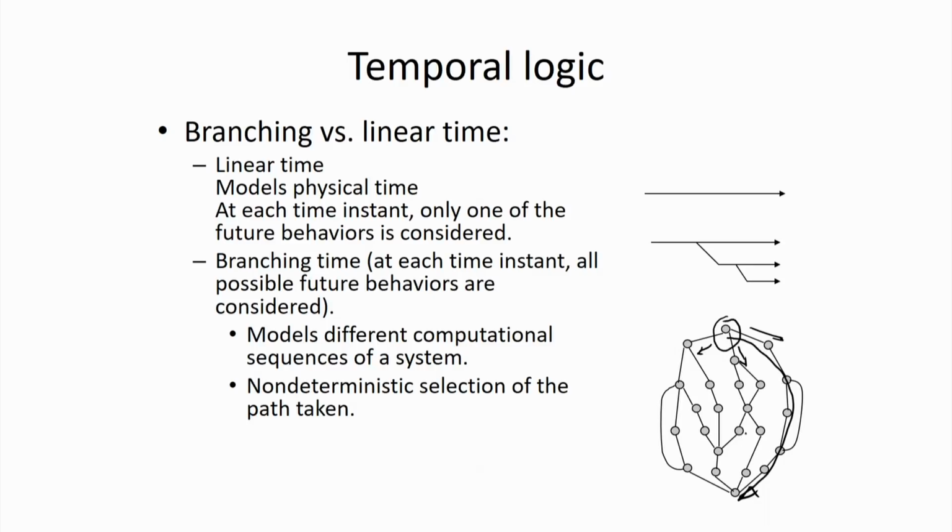In linear time logic, we just look at one particular execution trace. But in case of branching time logic, we look at the entire system as a whole and see the behavior in all possible directions. So, temporal logic has two different notions: one is linear time, the second one is branching time.